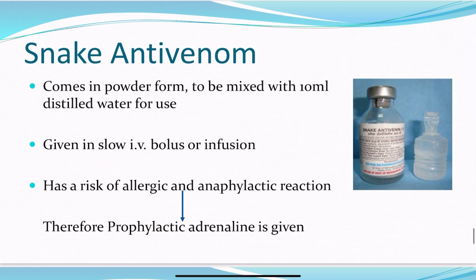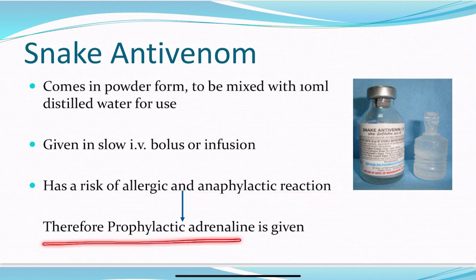The anti-snake venom comes in a powder form and is to be mixed with 10 ml of distilled water for use. It is given in slow IV bolus or infusion. But this has a high risk of allergy or anaphylactic reaction.